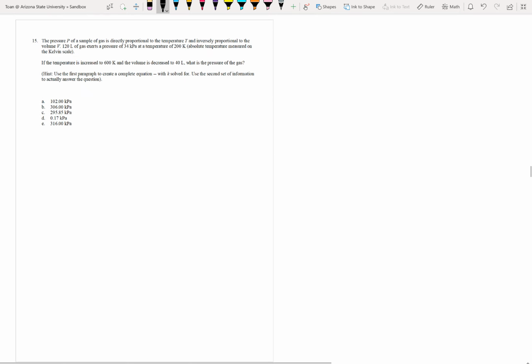Number 15 was a proportional problem. And again, just to refresh our memories, the key word to look for is directly. If they say directly proportional, varies directly, it doesn't matter, it's the word directly that we're looking for. The way you set it up is variable equals k always, and if it's directly, you just slap on the variable in the same level.